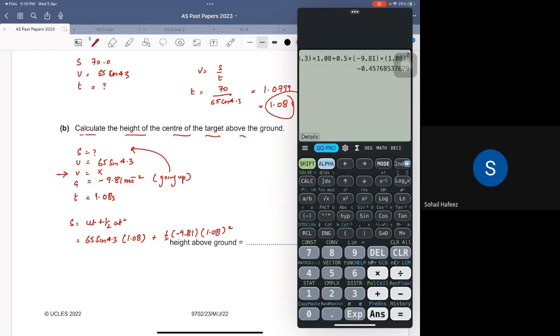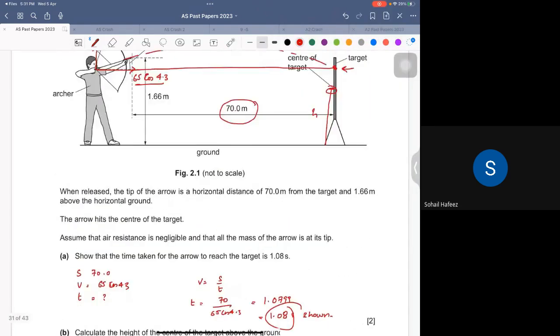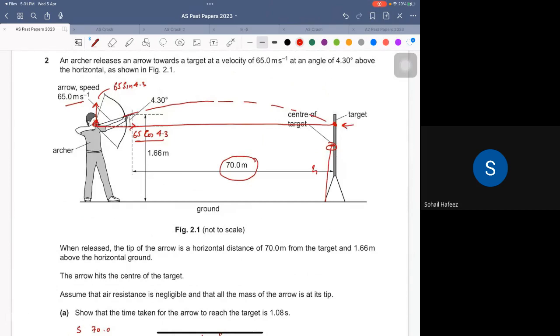So I'm getting something like negative 0.46 meters. It means from the position that the person was standing on, the target has gone below that. It has gone 0.46 meter down, right?